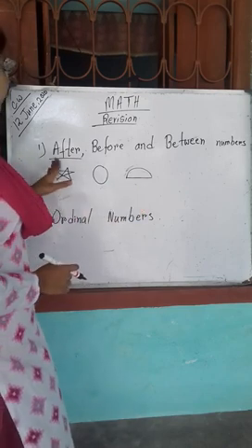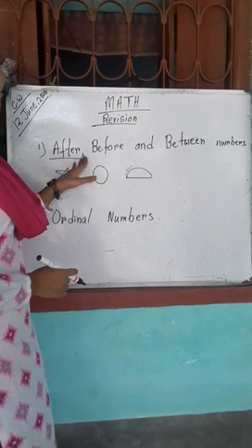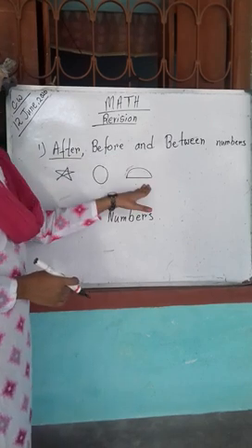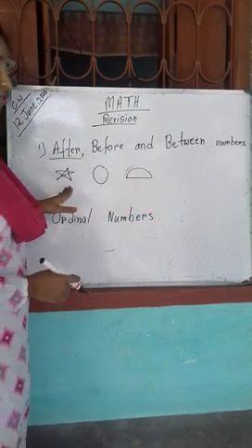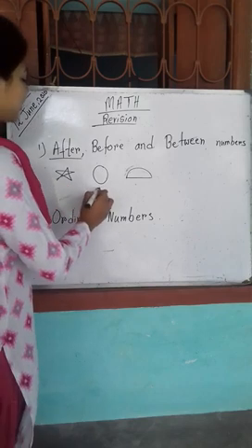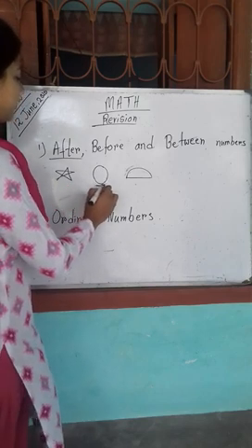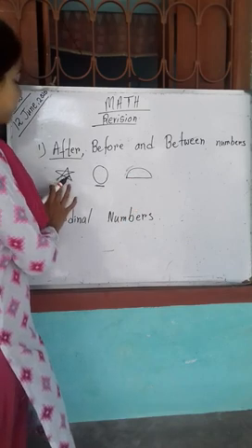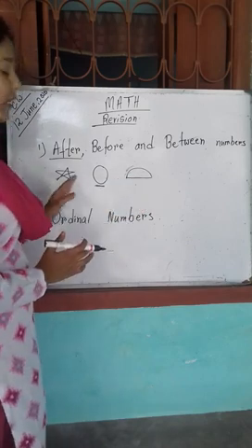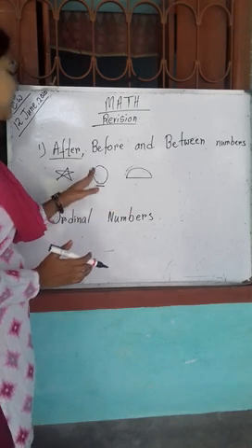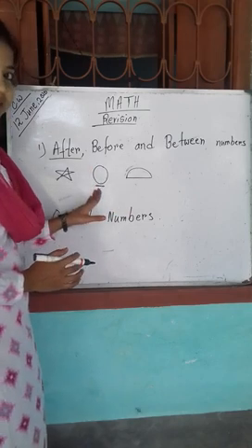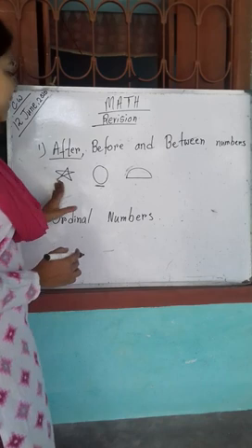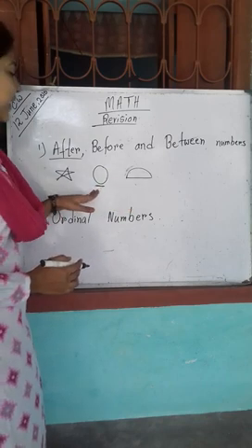Now which will be after, before and between, we will find out from these three pictures. If we say this circle is between these two pictures, between star and half circle, there is a circle.